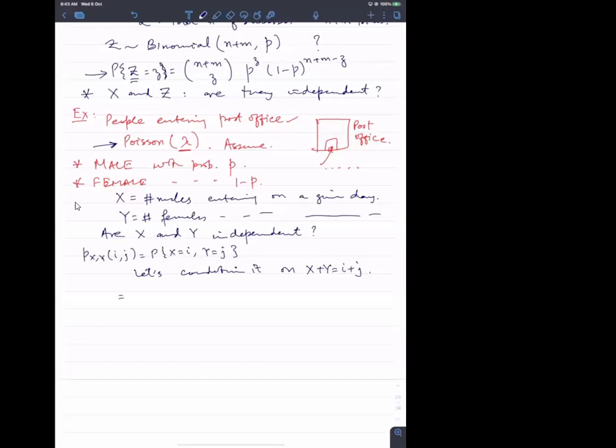So this is equal to probability X is equal to I, Y is equal to J, given X plus Y is equal to I plus J, into the probability X plus Y is equal to I plus J, plus probability of X is equal to I, Y is equal to J, given X plus Y not equal to I plus J, into the probability X plus Y not equal to I plus J. ये law of total probability से लिख रहे हैं.